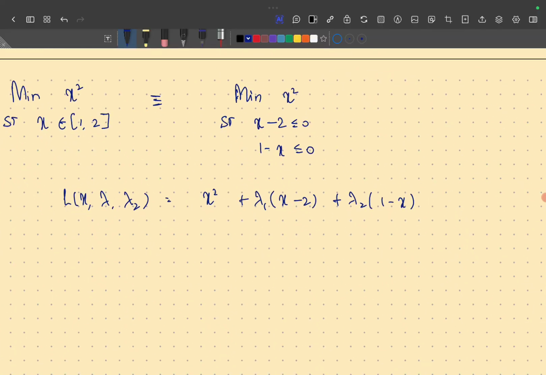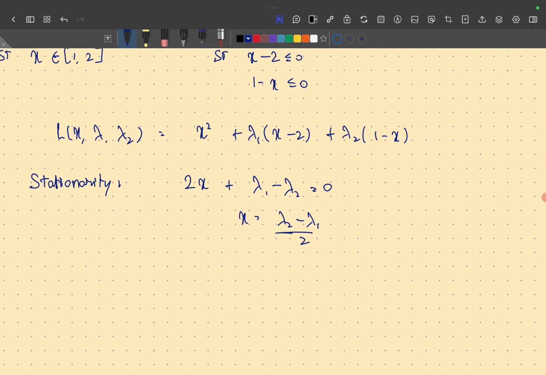So stationarity says that the gradient should be equal to 0. What is the partial derivative of this with respect to x? Stationarity implies that 2x plus lambda 1 minus lambda 2 is equal to 0, or x equals (lambda 2 minus lambda 1) by 2.